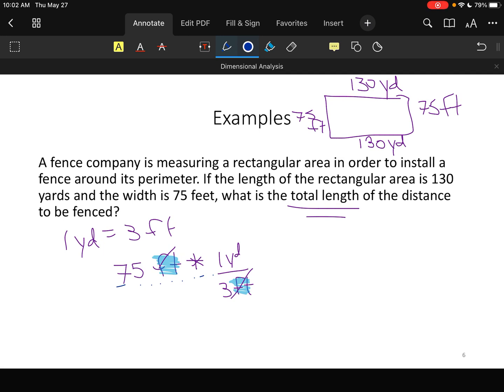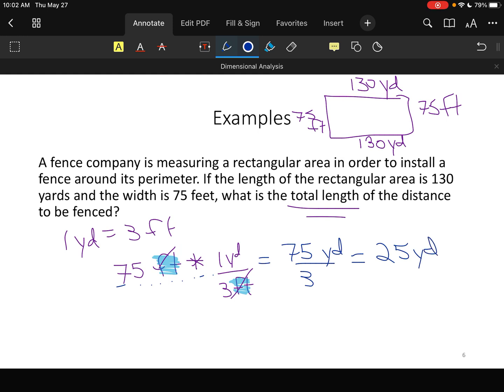So that's 75 times 1 yard. That's your numerator. So we're going to end up with 75 yards over 3. But that's not simplified. Go ahead and simplify it. Make your life easy. This is 25 yards.